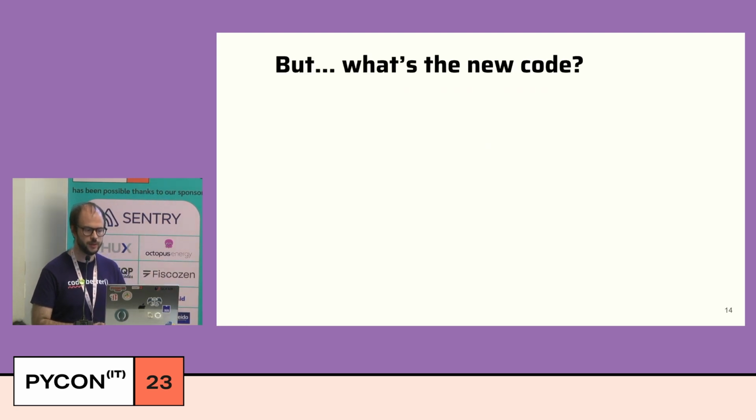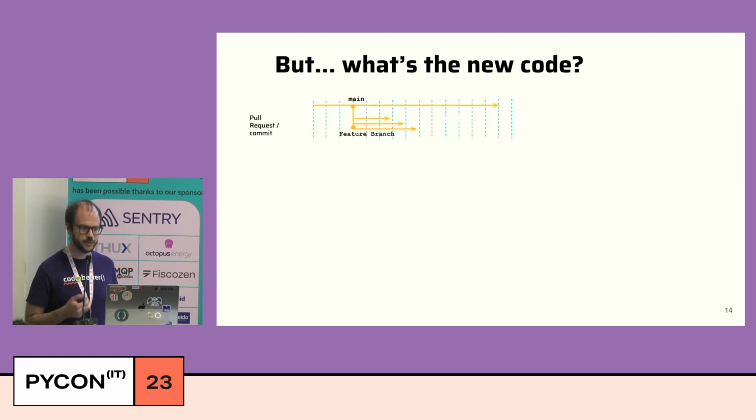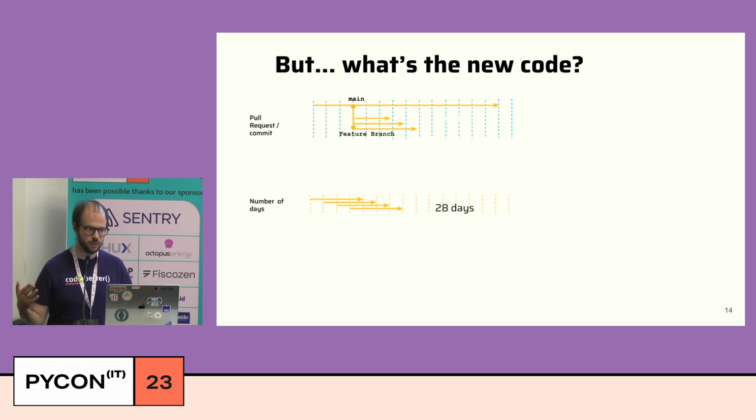But first, let me define a bit better what I mean by new code. I think that the simplest definition of new code can be thought of as a new pull request or a new commit in your project. So in this case, it's really the smallest instance. However, we can extend the concept of new code a bit further.